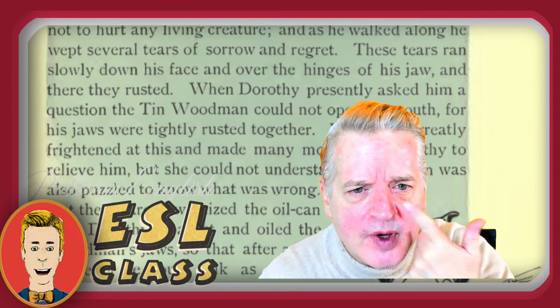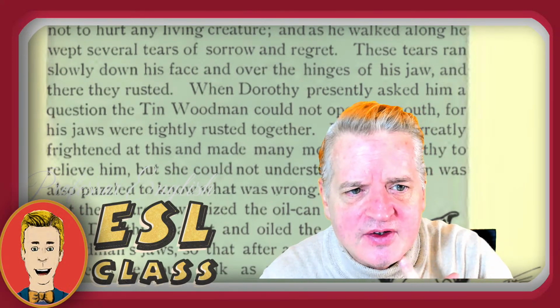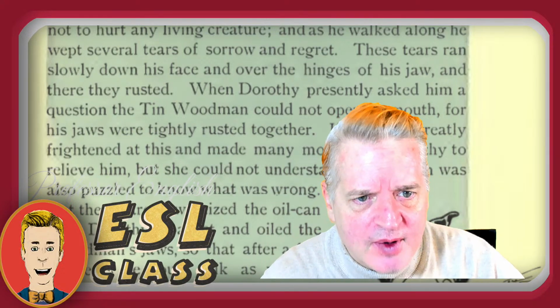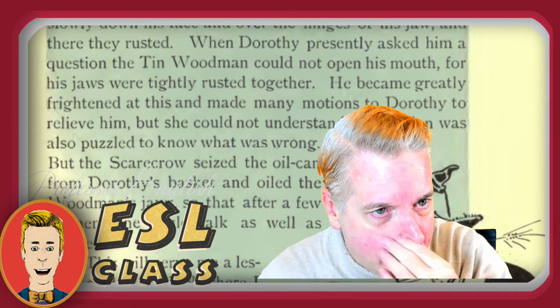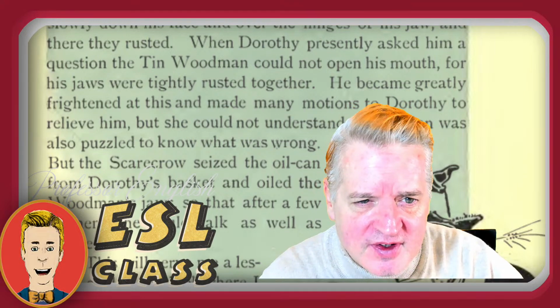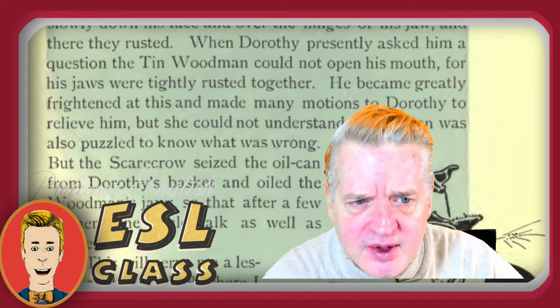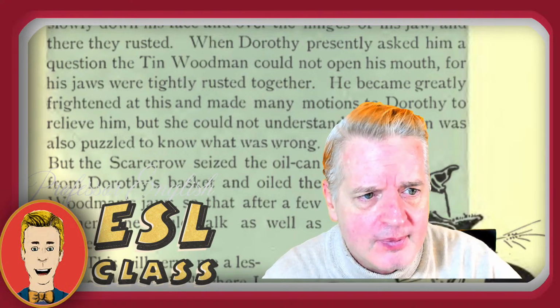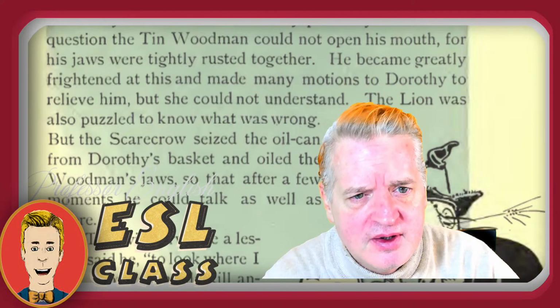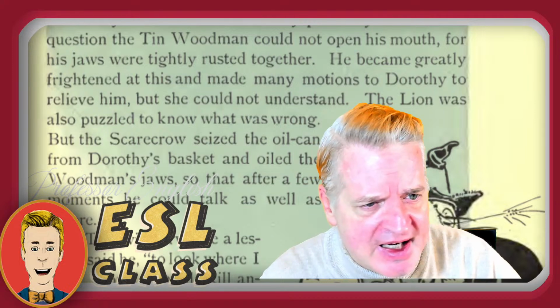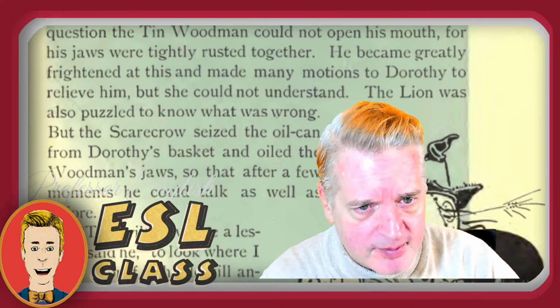These tears ran slowly down his face, over the hinges of his jaw, and there they rusted. When Dorothy presently asked him a question, the Tin Woodman could not open his mouth, for his jaws were tightly rusted together. He became greatly frightened and made many motions to Dorothy to relieve him.